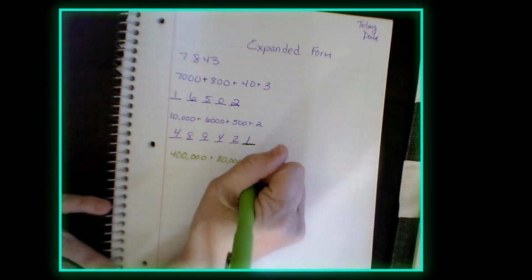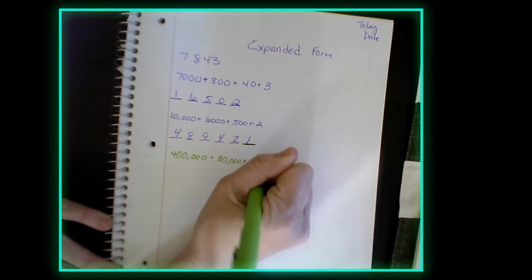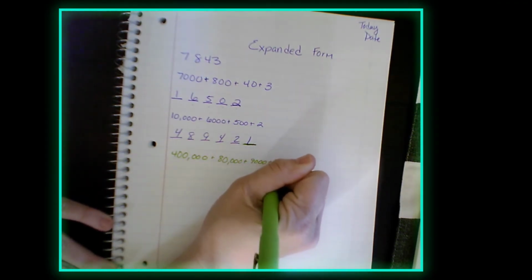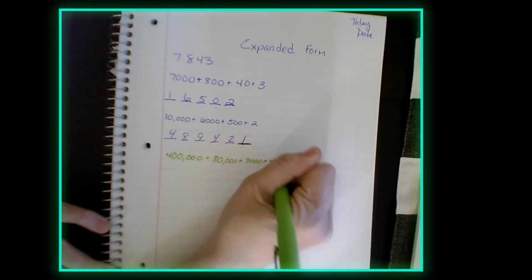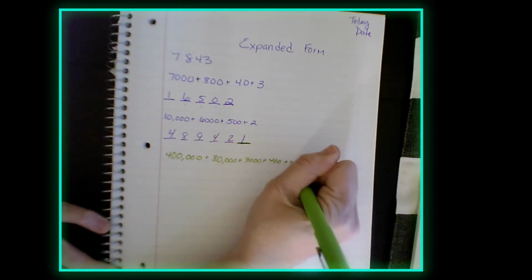Following that is the 9, and the 9 is in the thousands place. So that means I have 9,000. Then 4 100s, so that's 400. Then 2 tens, and a 1. Now you notice as the number gets larger, so does the expanded form. It takes up more space. So it's really important that you write neatly.